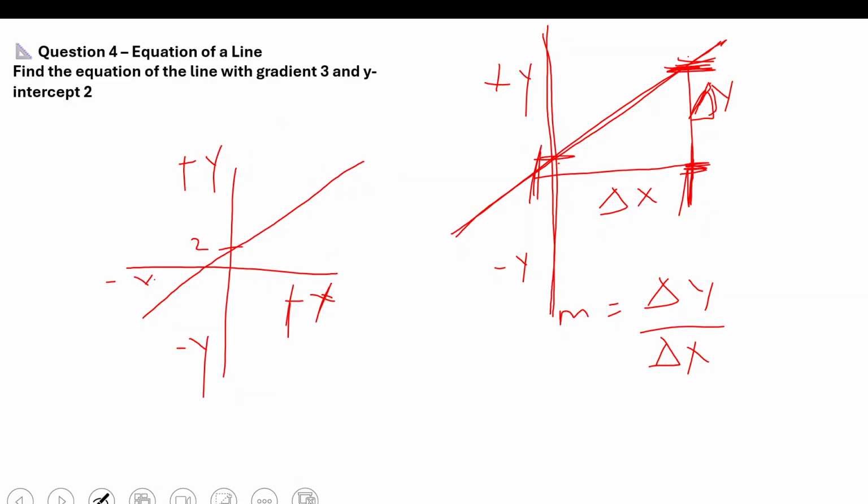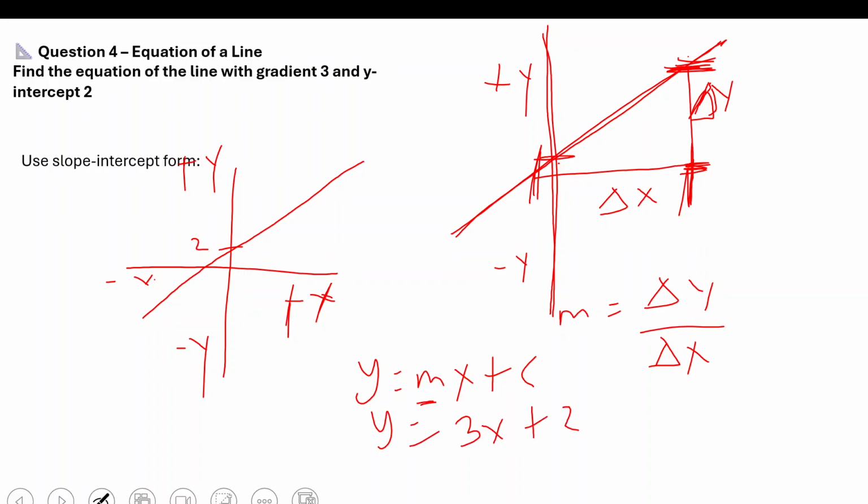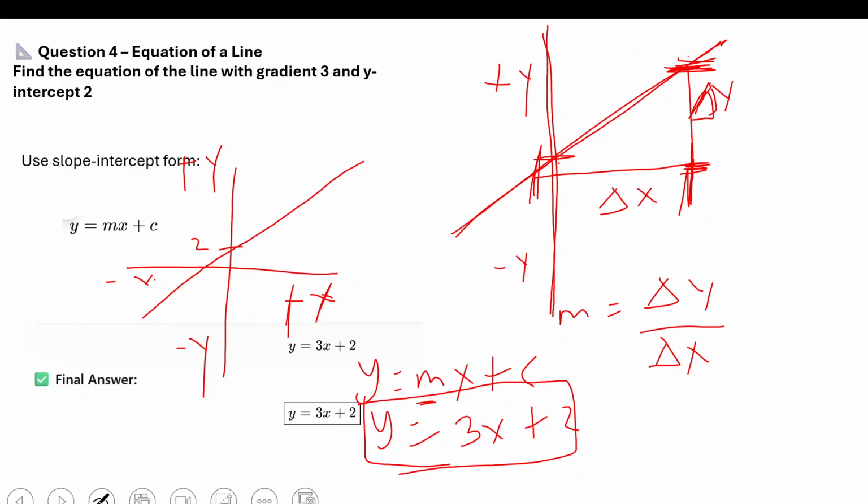Now, the equation of a line is y is equal to mx plus c, where m is the gradient and c is the intercept. So I will just put in those values. y is equal to gradient 3 times x plus intercept 2. So this is simply the equation for this particular question: y is equal to 3x plus 2.